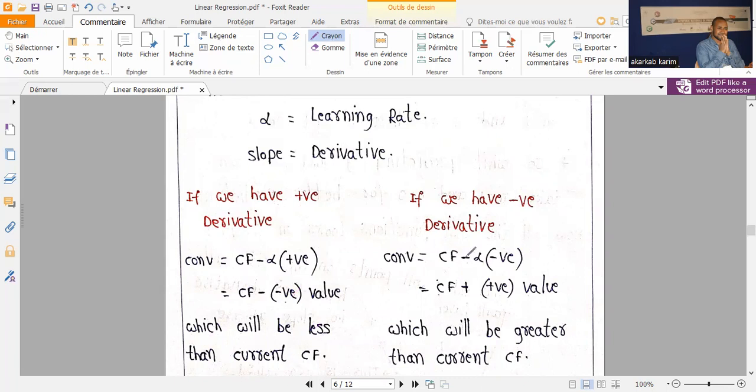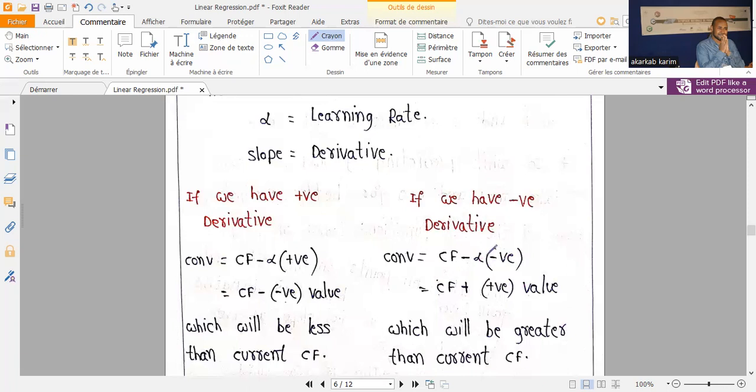If the derivative is negative, then minus times minus gives us a positive, which will be greater than the current function.